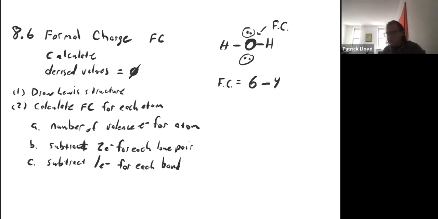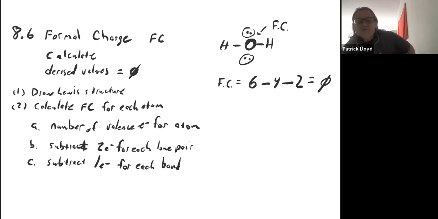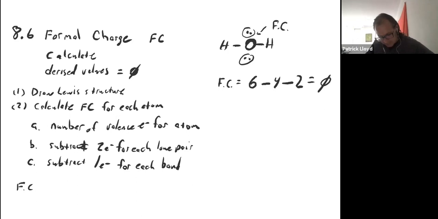Then you subtract 1 electron for every bond. It has 2 bonds, so you subtract 2. And that is equal to 0. And that's what we're looking for. If you get a value of 0, that is evidence that you've drawn a good Lewis structure. Okay? The formal charge is used to evaluate Lewis structures.